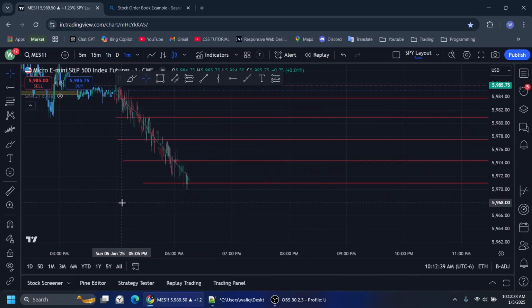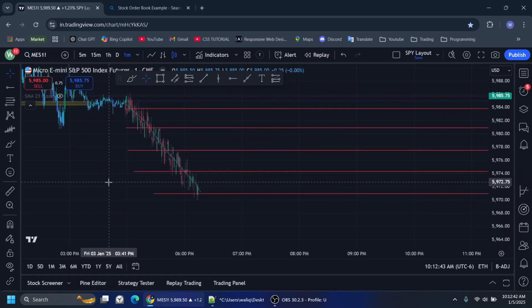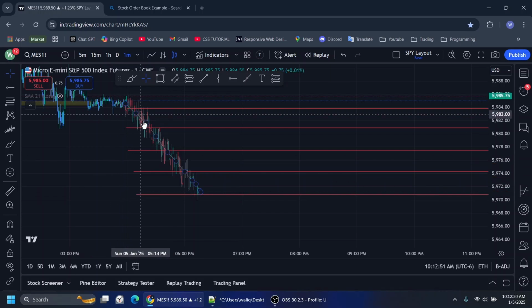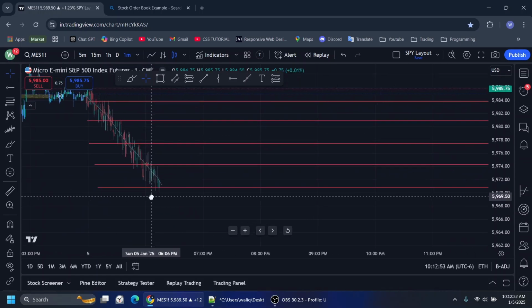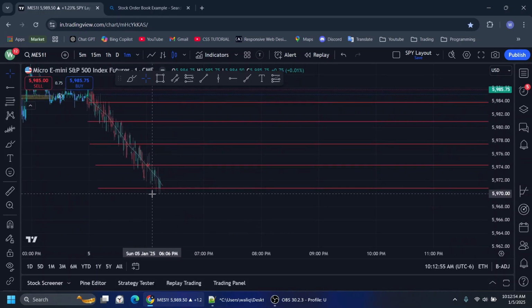And then me being an institutional seller, I didn't get the best price to sell my shares or to short my shares, because the price kept going down and my complete order got completed at this level.